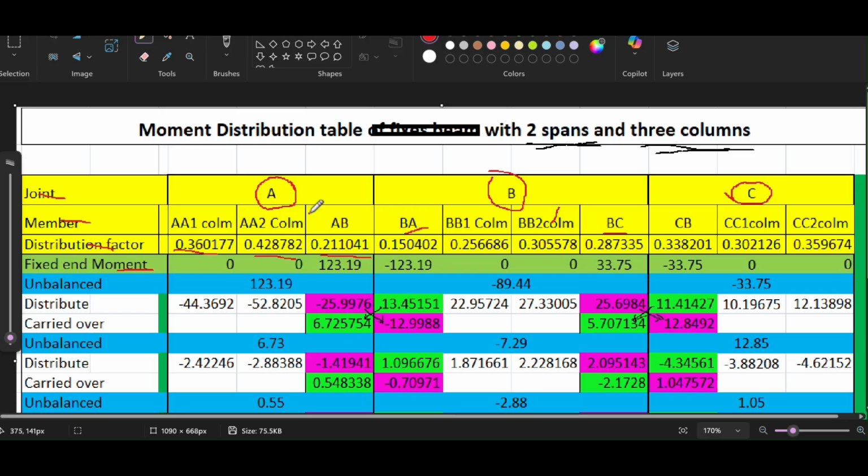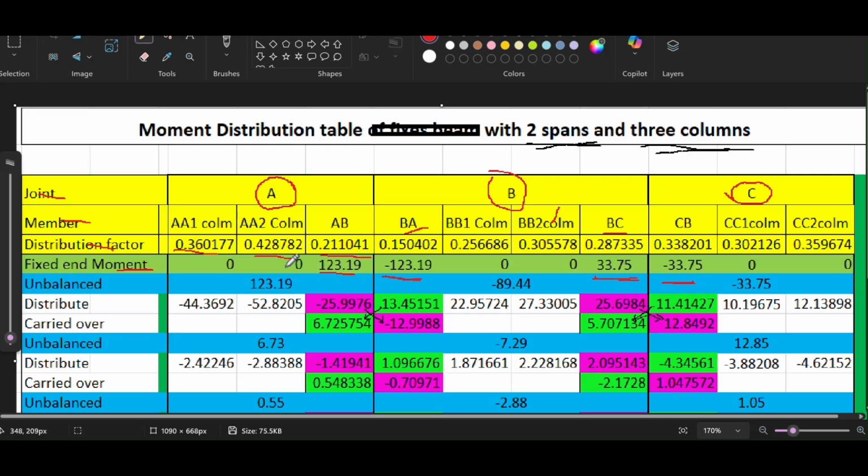Then the fixed moment we also saw in every joint in the bottom line, this is 123.19 kilonewton meter. On the right side, the same bending moment will come in BA, with a different sign. 123.19 is the fixed moment here. Similarly, BC and CB. These are the fixed moments we calculated in the previous sheet. I have filled up these things.